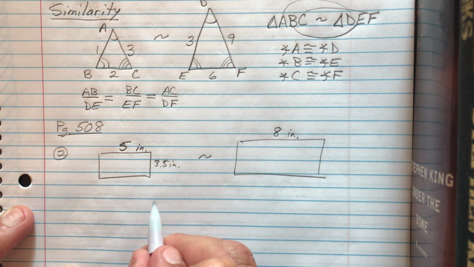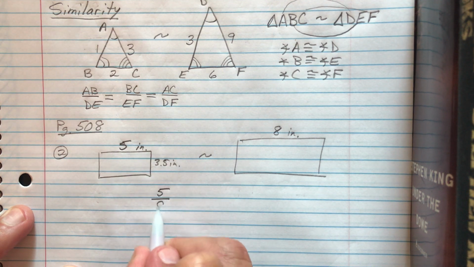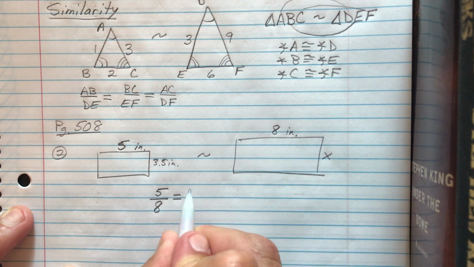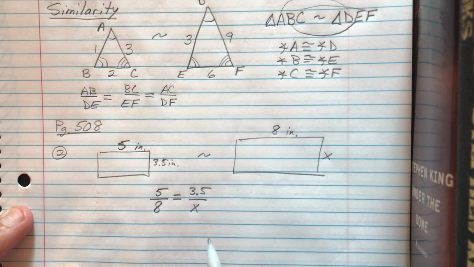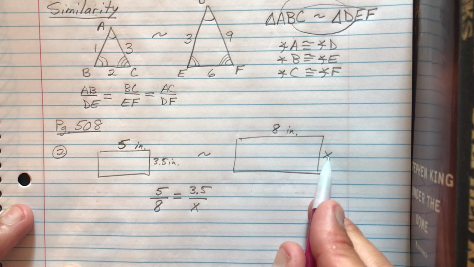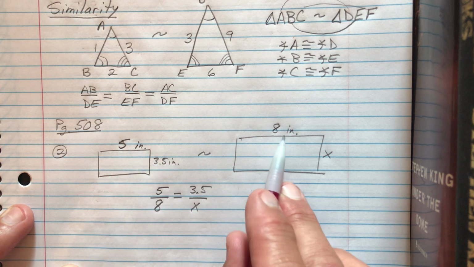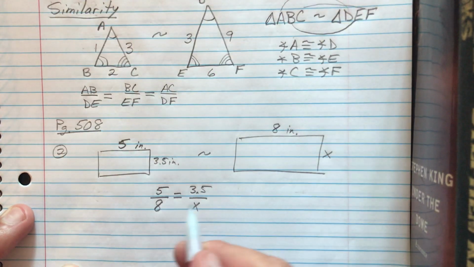So one thing you can do is make a proportion. 5 to 8 is the same as 3.5 to what? So we can make a proportion to find this missing side. Small rectangle's length to big rectangle's length is the same as small width to big width.